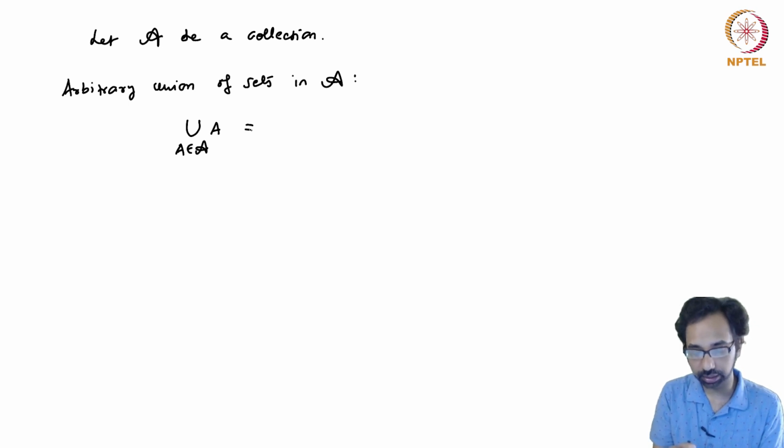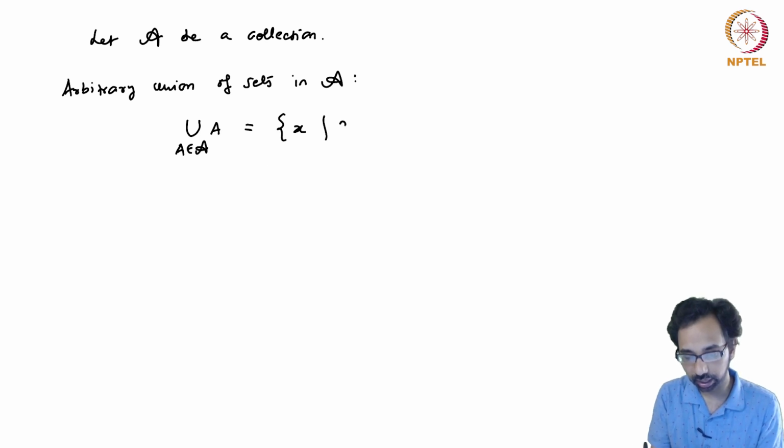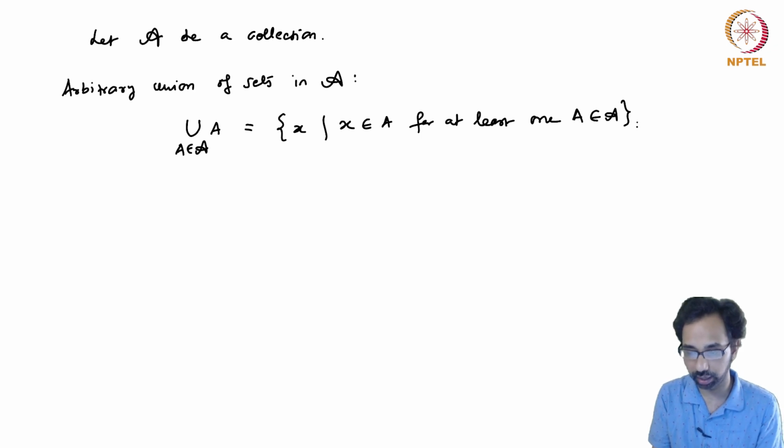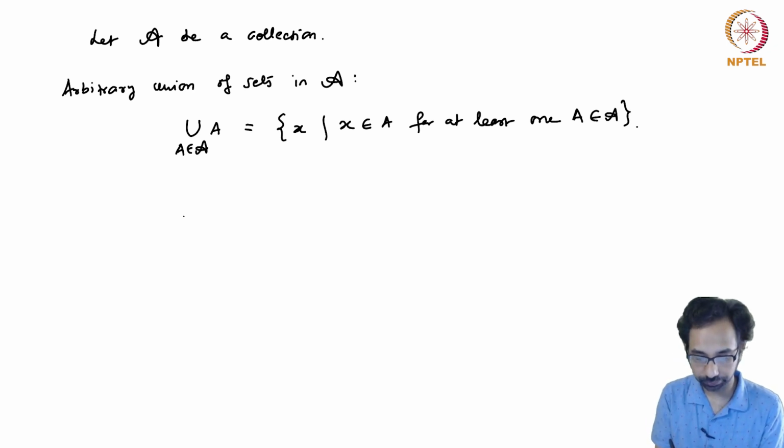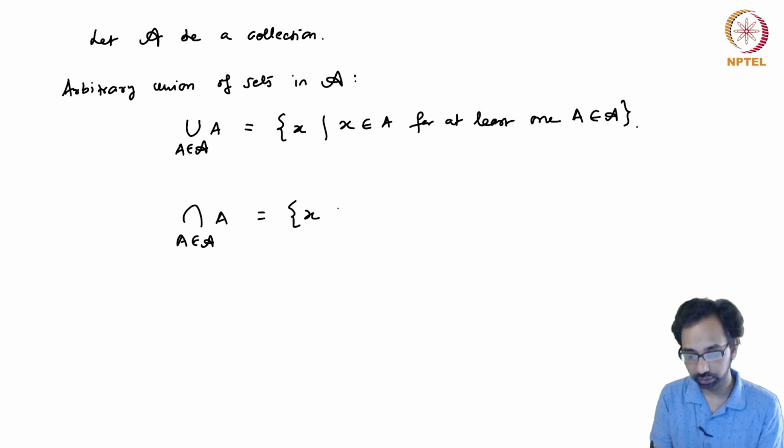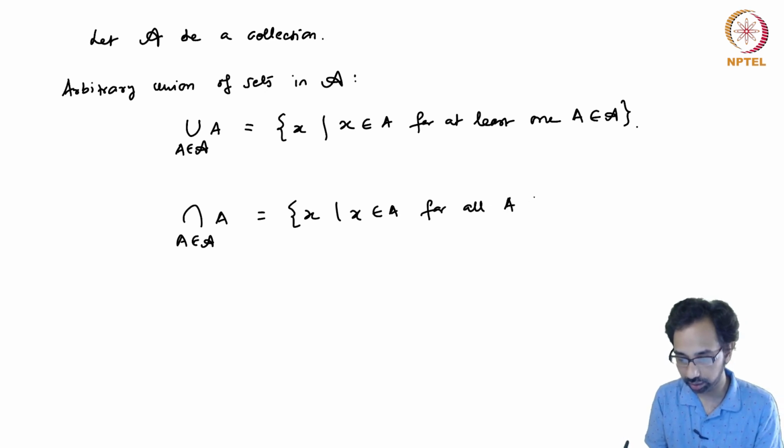And this is defined to be the set of x's such that x belongs to A for at least one A in this collection. Similarly, you can define the intersection of all these sets in the collection, which is x belongs to A for all sets A in this collection.